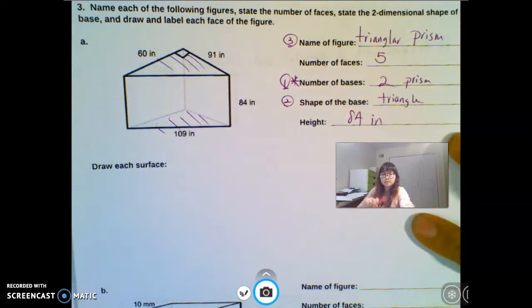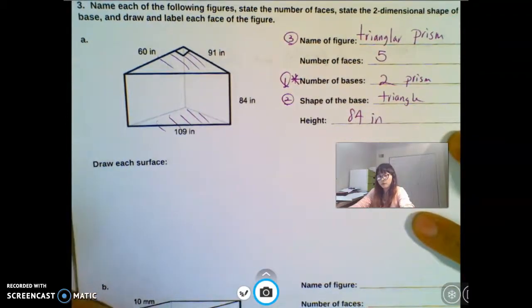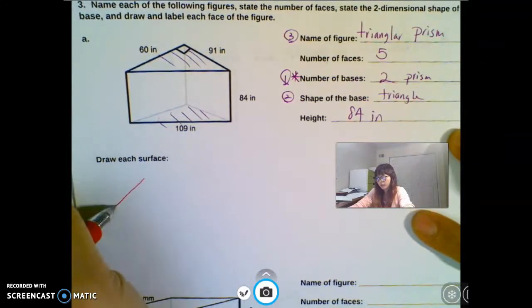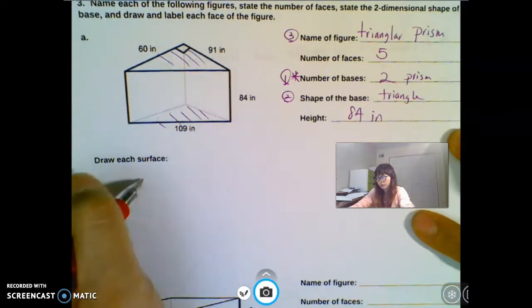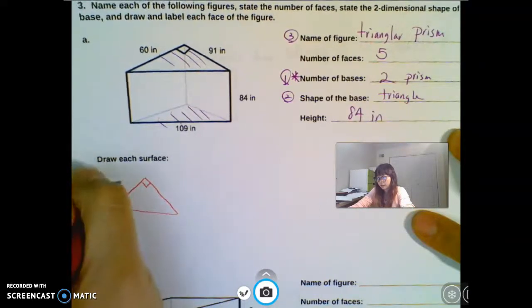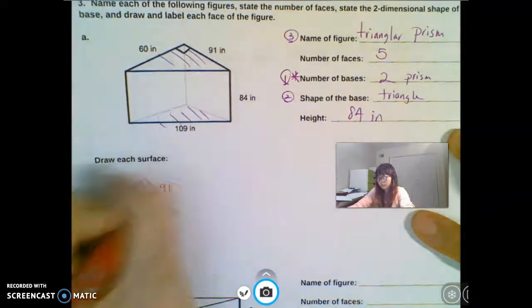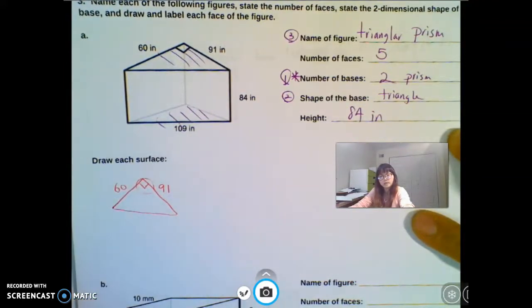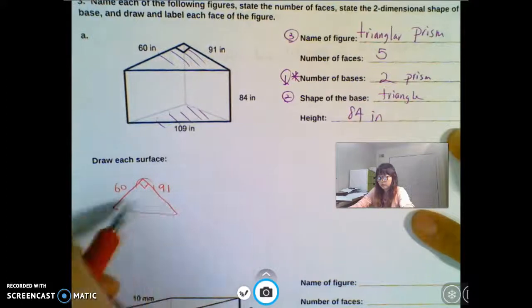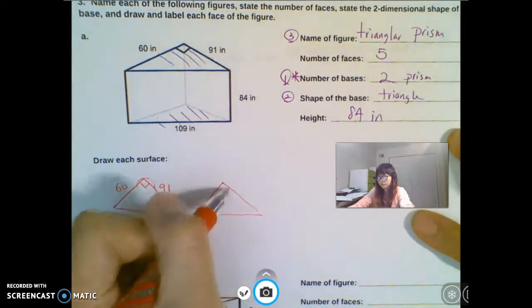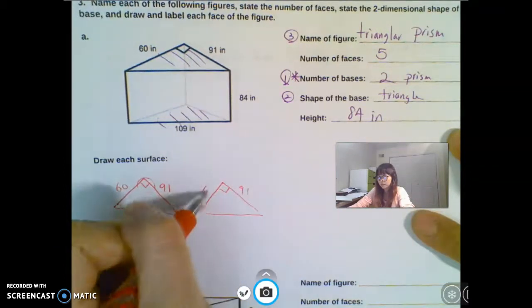Let's pretend we open this up. How would it look? Well, I know the bases are triangles. It looks like 90 degrees right there, 60 and 91. So 90 degrees, that means that's the base and the height. There are two of those, because there's going to be one at the top, one at the bottom. So I'm going to draw two of these, 91, 60.